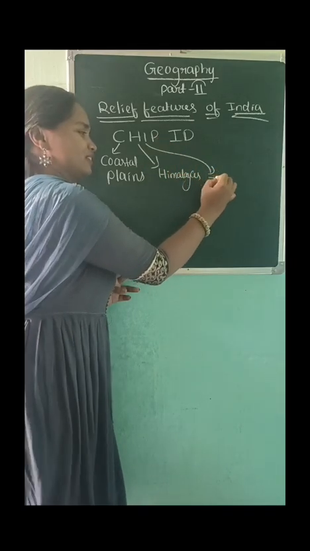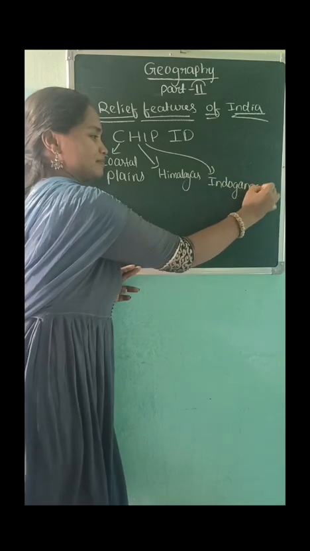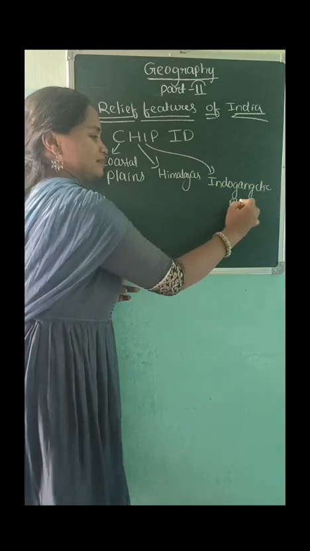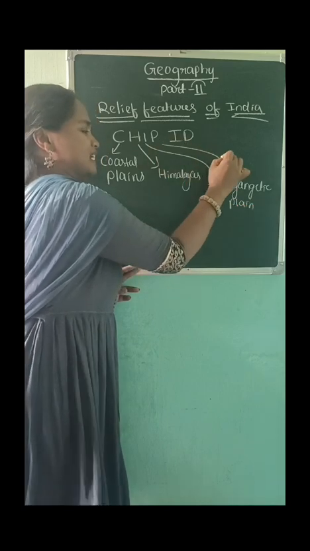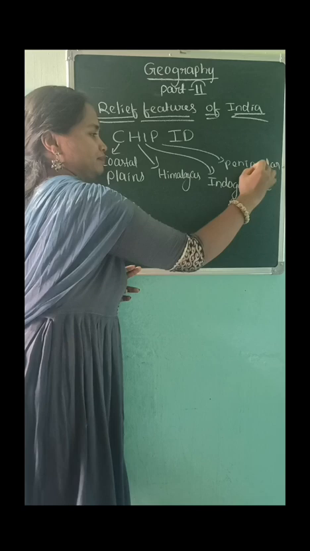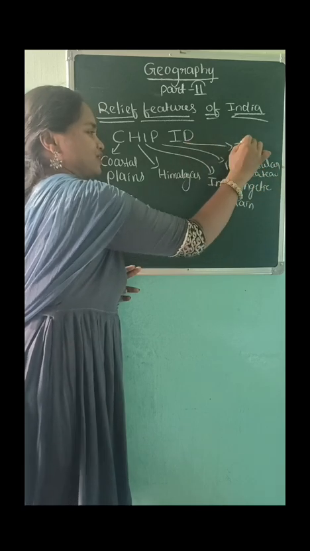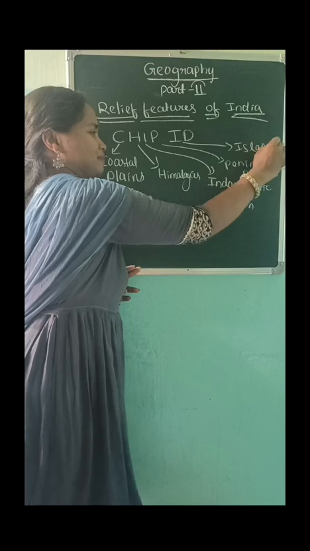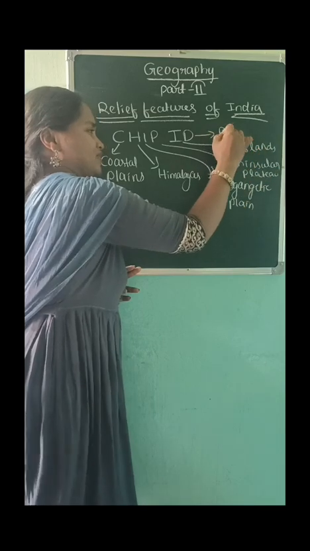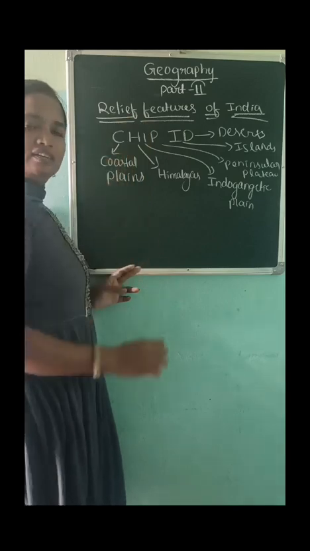I stands for Indo-Gangetic Plain. P stands for Peninsular Plateau. I stands for islands. D stands for deserts. Let us learn one by one.